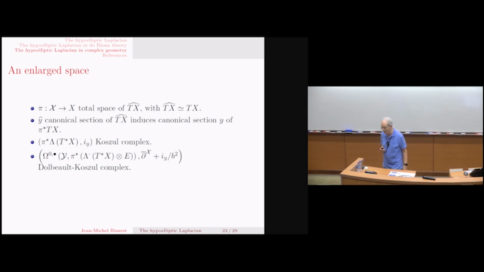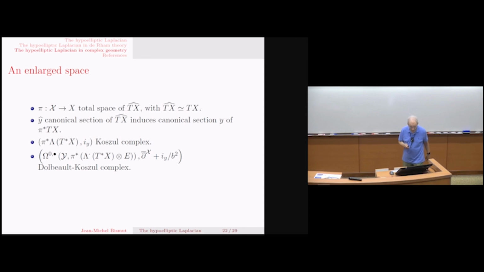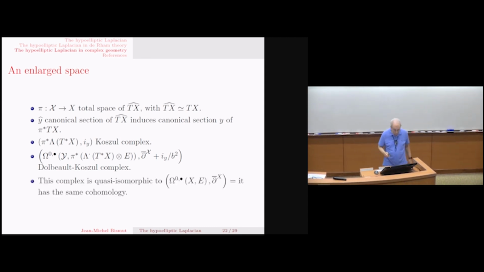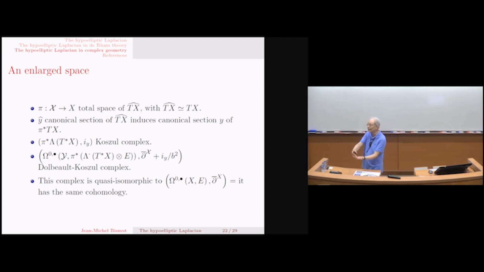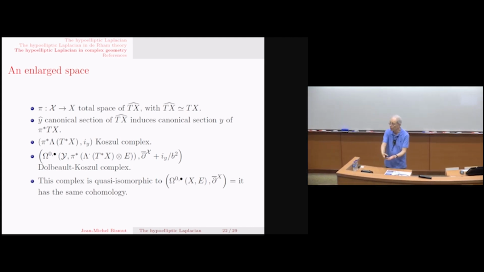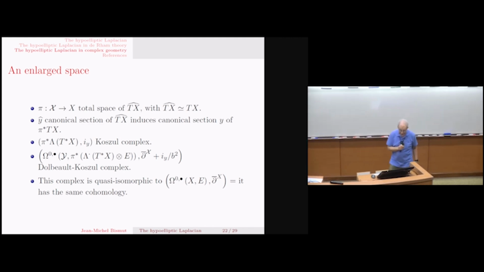There is always a factor, the parameter b. But if you want to forget b for the moment, this is a Dolbeault-Koszul complex. And actually this Dolbeault-Koszul complex is quasi-isomorphic to the original Dolbeault complex. A restriction map gives you a quasi-isomorphism. So from a cohomological point of view, we have not changed anything.